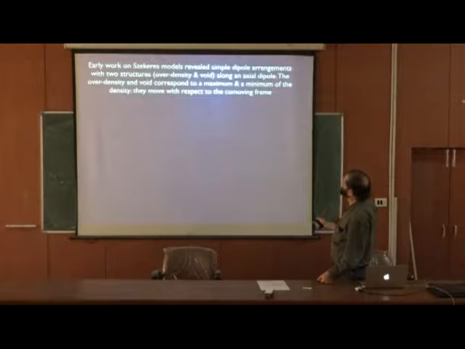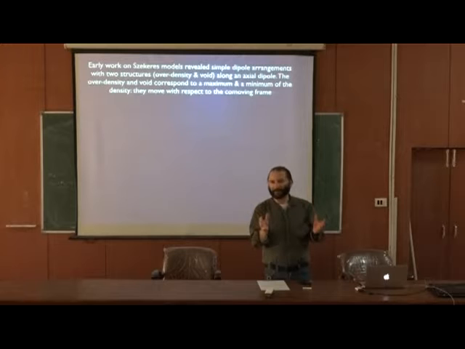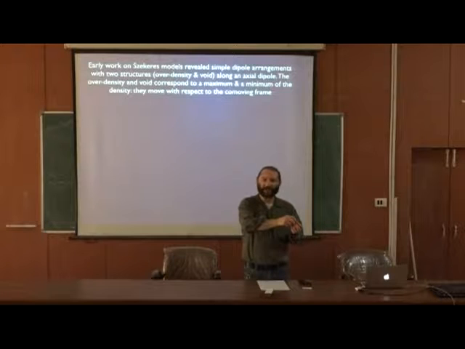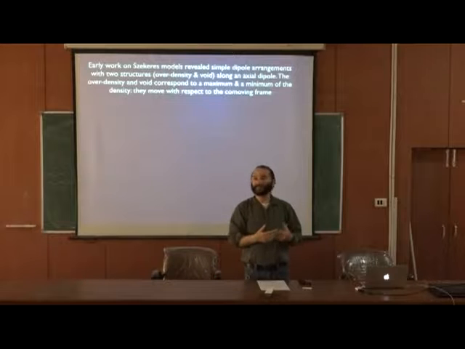The overdensity and void correspond to a maximum and minimum of the density. In spherical symmetry, we can only describe one structure, either an overdensity or an underdensity. So what happens if we take a Szekeres model that is a dipole? Then we can describe two, instead of one.